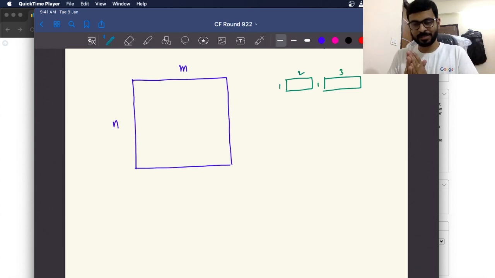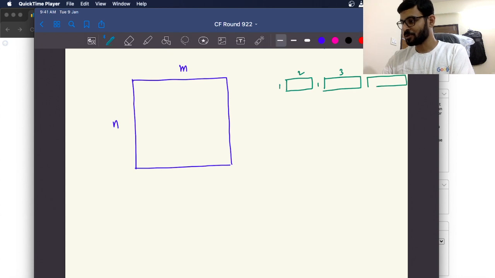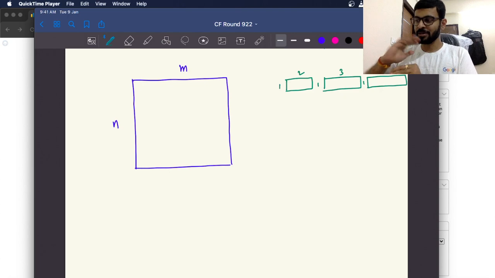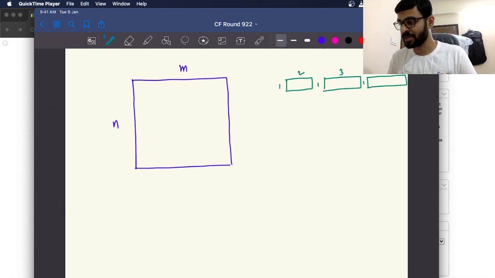You can use all these bricks, they are all allowed. You can use 1 cross 4 and so on. The length has to be an integer. Anyway, now focusing on this, our brick can stay like this, or our brick can stay like this. This is given.